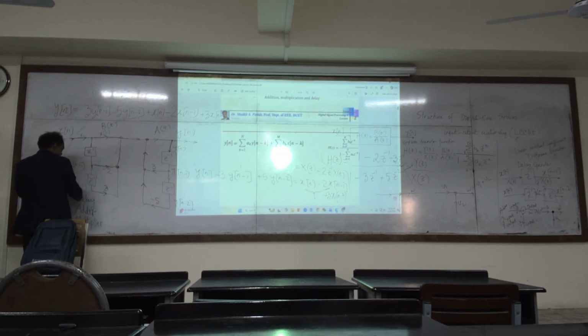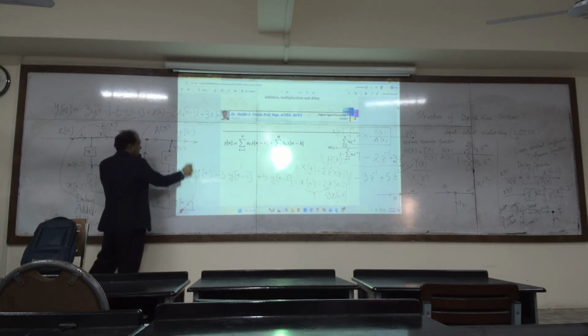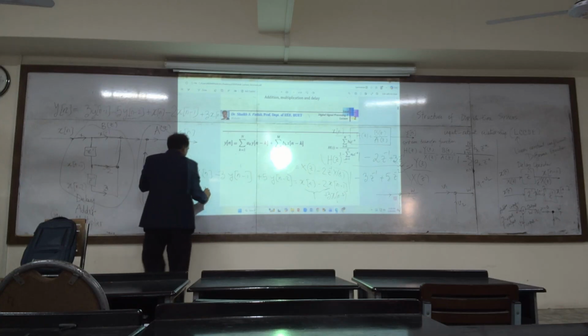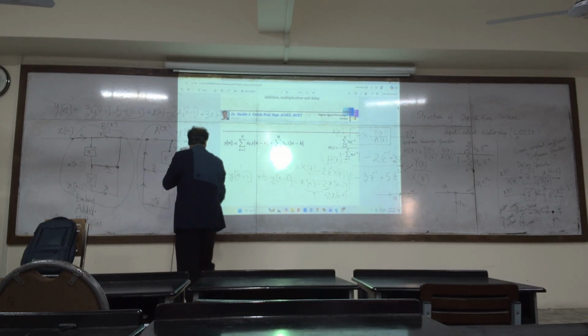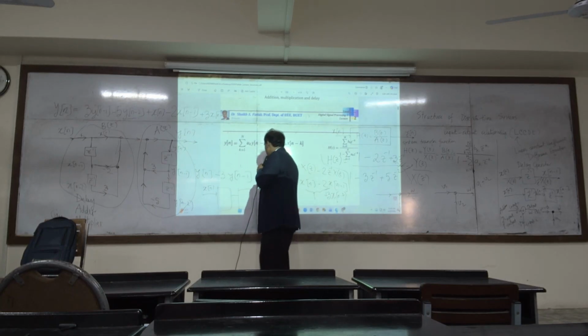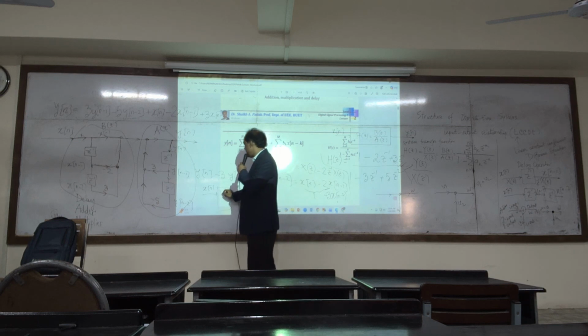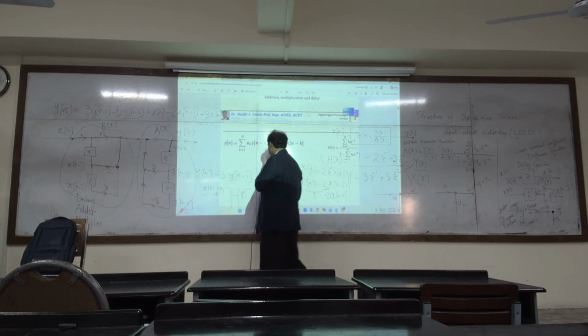We may consider this as one block and this another block. So input is coming, then a big block, then another big block, and output is produced. This one is B, this one is A.